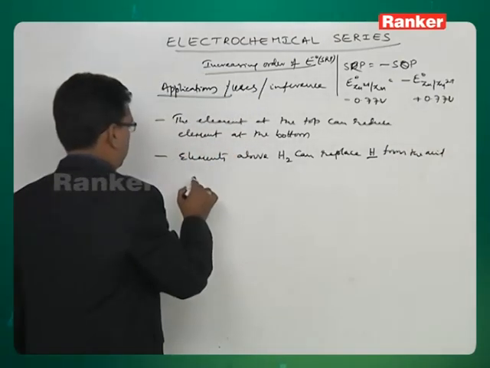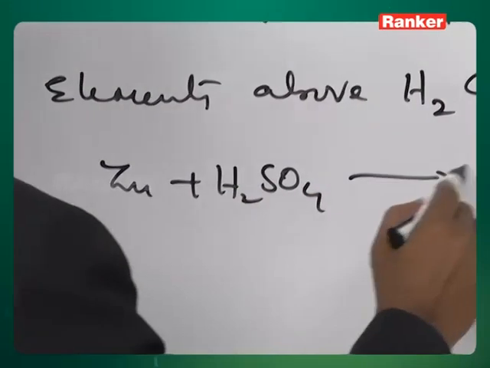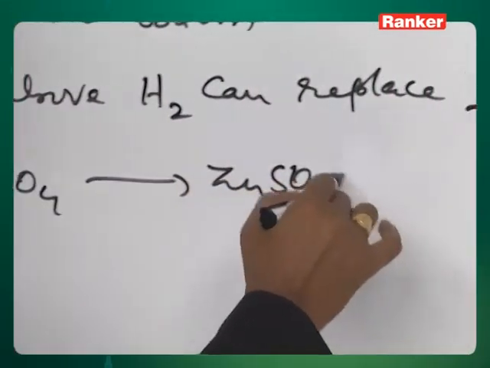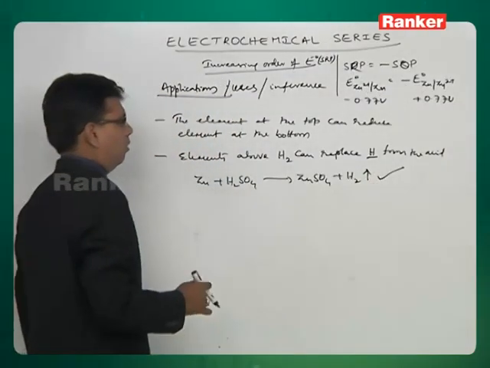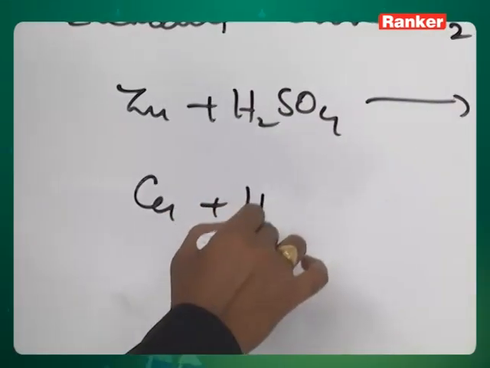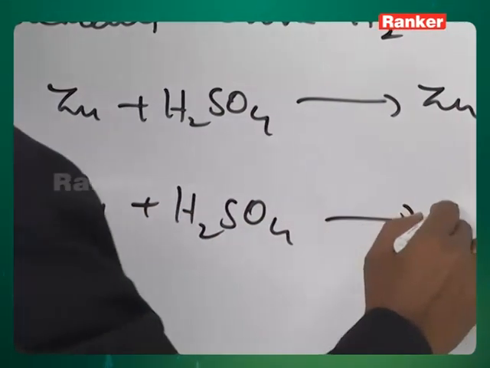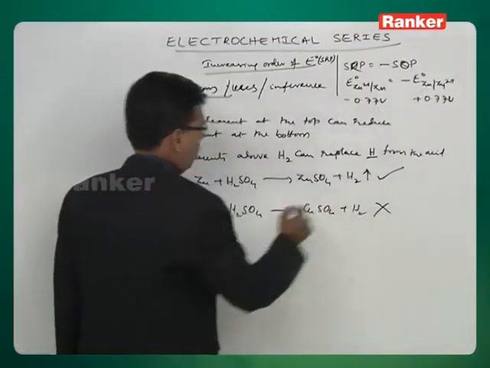For example, Zn plus H2SO4 gives ZnSO4 plus H2. This is possible, but Cu plus H2SO4 giving CuSO4 plus H2 is not possible.